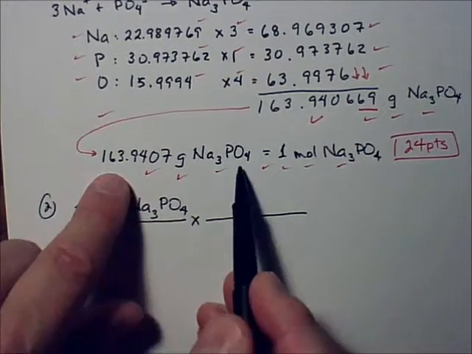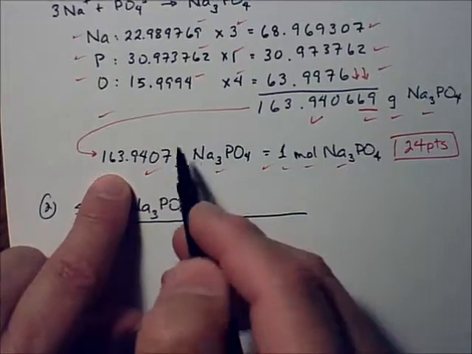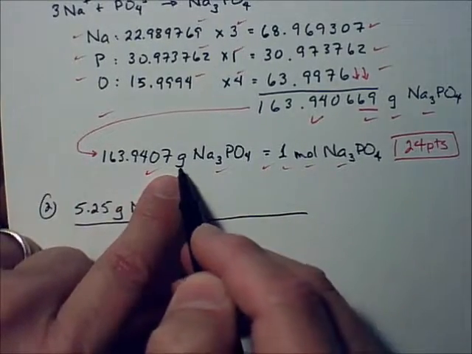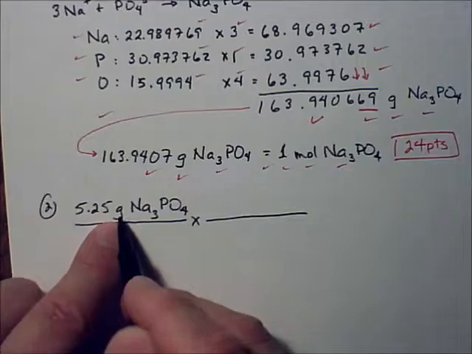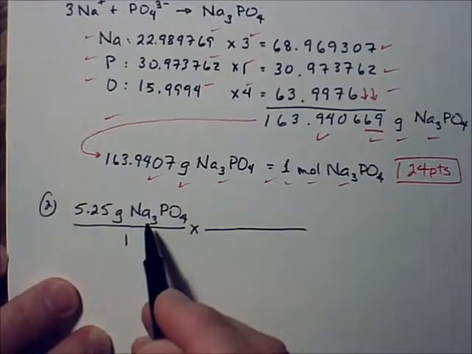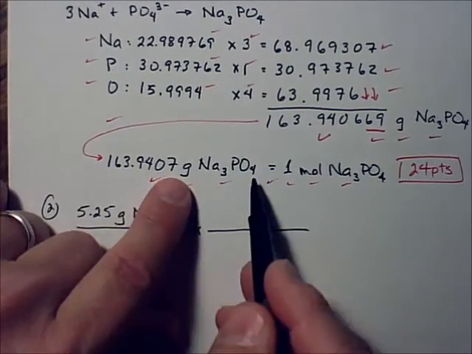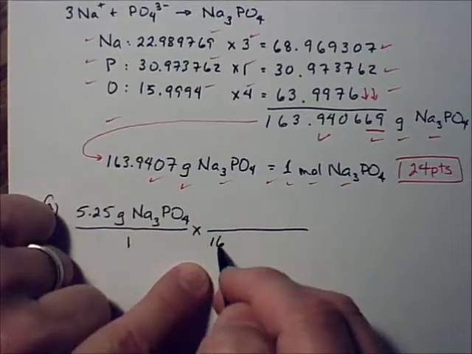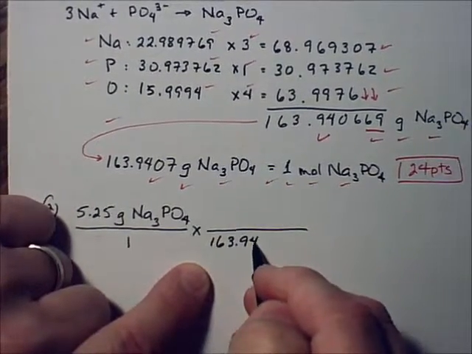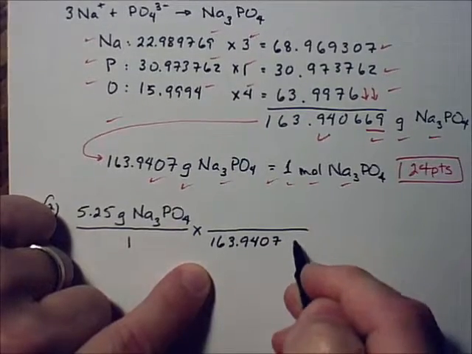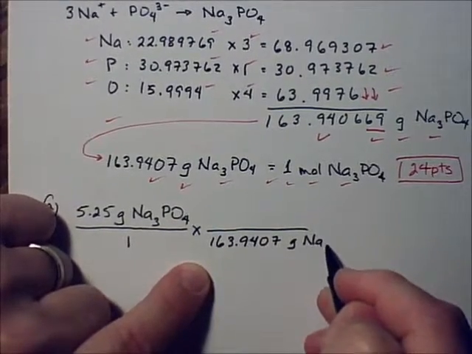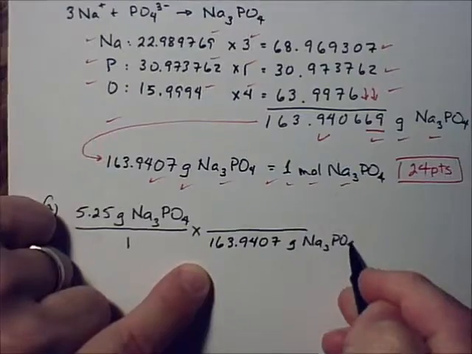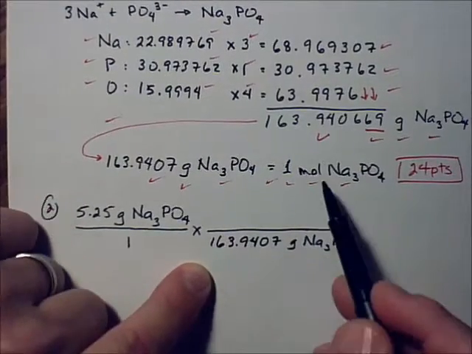This side of the equality statement has grams of sodium phosphate, matching grams of sodium phosphate in our starting amount. So we're going to put that number with that unit and species on the bottom here. And then the other side of the equality statement goes on the top.